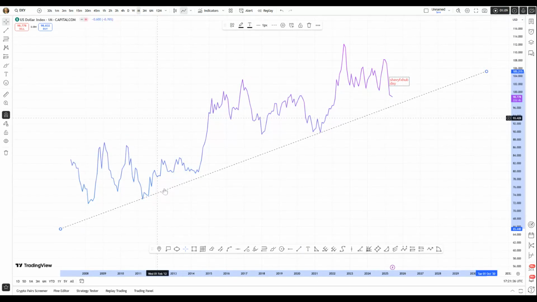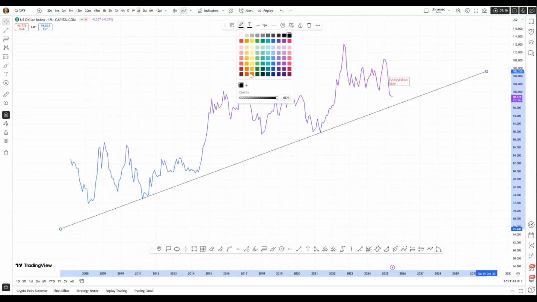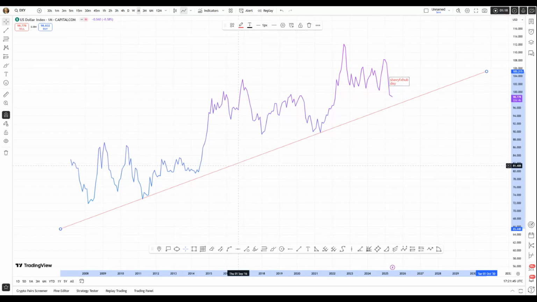So you can see the structure on a monthly time frame is bullish. I'm using monthly candle close as my litmus test and bias guidance.